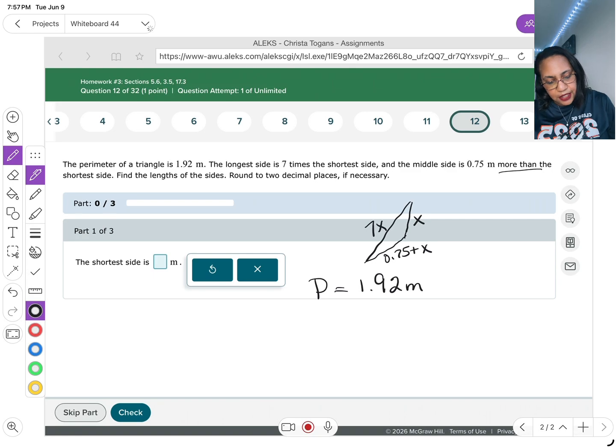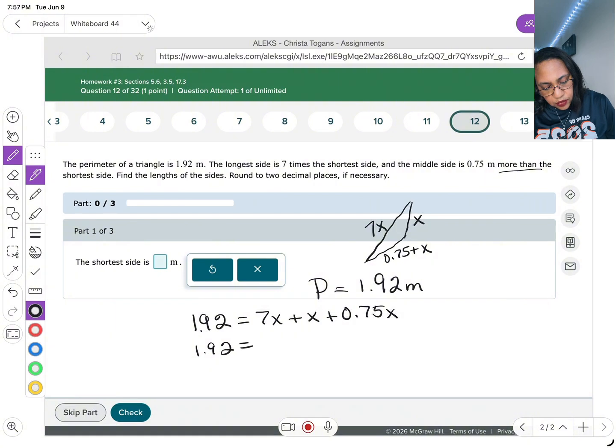So we're just going to set that up as an equation. So 1.92 equals a side plus another side plus another side. And 1.92 is equal to all of the x terms, plus x.